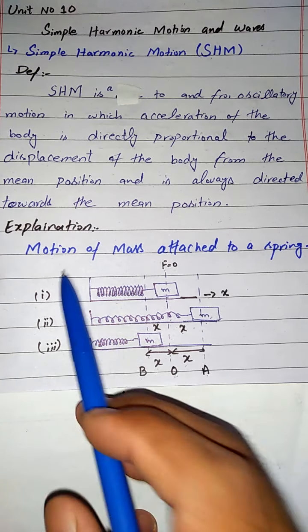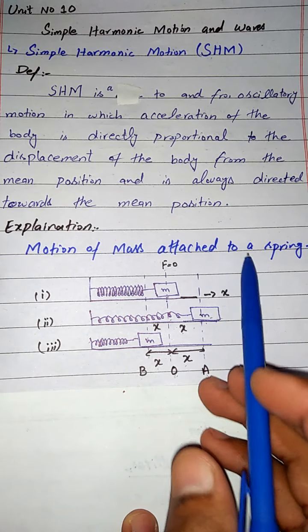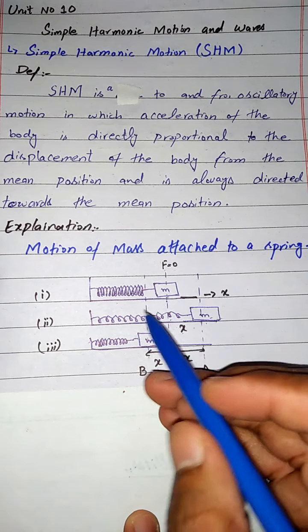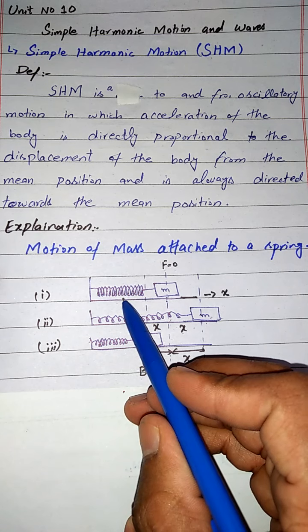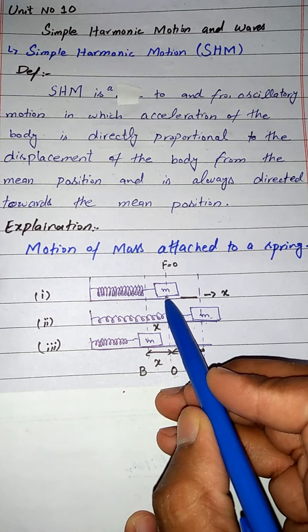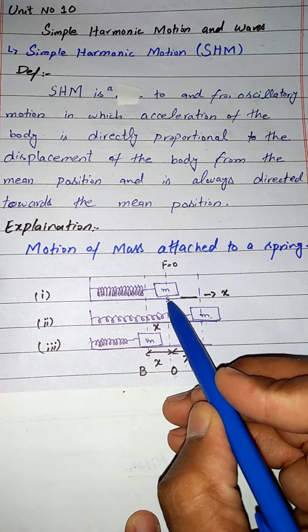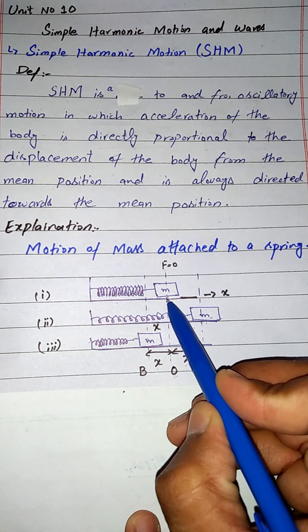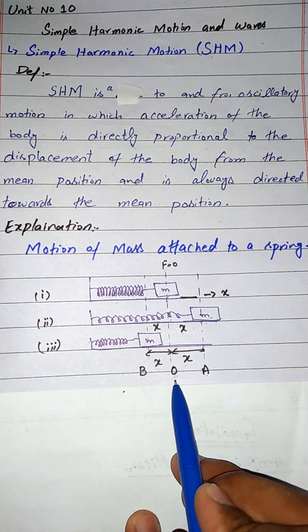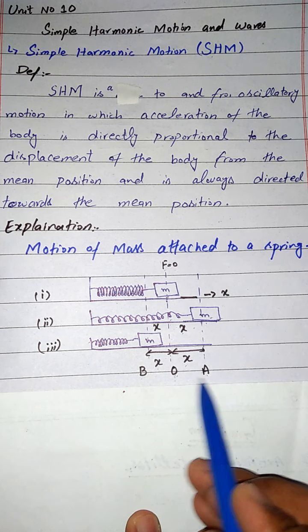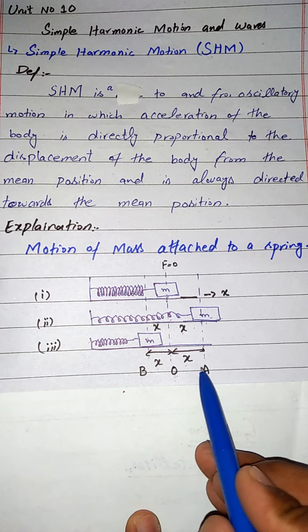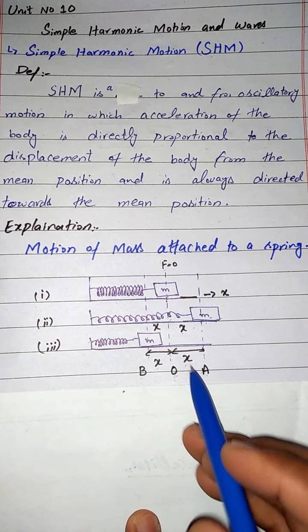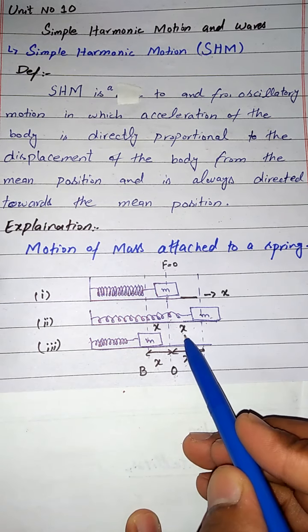Here is the motion of a mass attached to a horizontal spring. In the first figure, we can see a spring with a mass m attached, and this position is the mean position, and here are the extreme position A and extreme position B. There is a displacement from these positions, and it is denoted by x.